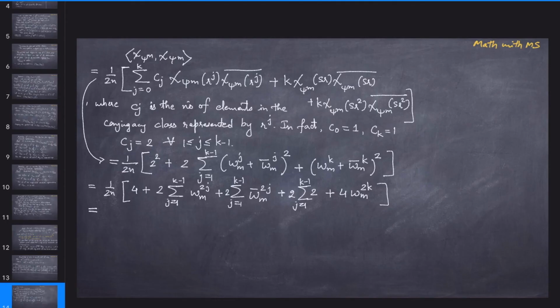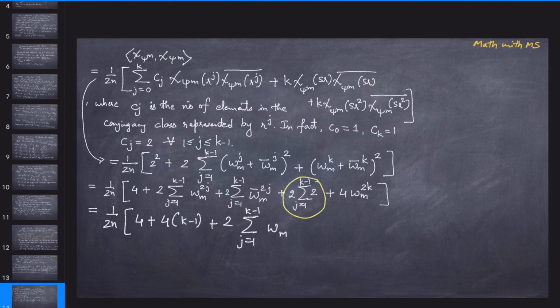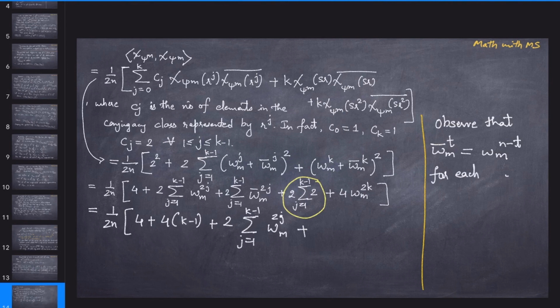So this is the same as 1 by 2n into 4 plus, consider this circled expression and bring it here, this becomes 4 times k minus 1 plus then 2 times summation j from 1 to k minus 1 of omega m to the power 2j, plus observe that since omega m is the nth root of unity, omega m bar to the power t is the same as omega m to the power n minus t for each t bigger than or equal to 1 and less than or equal to k.